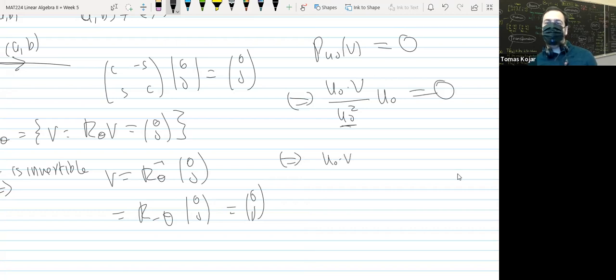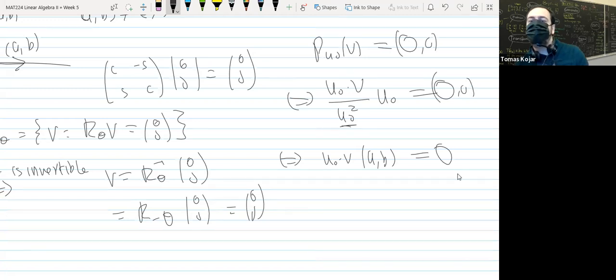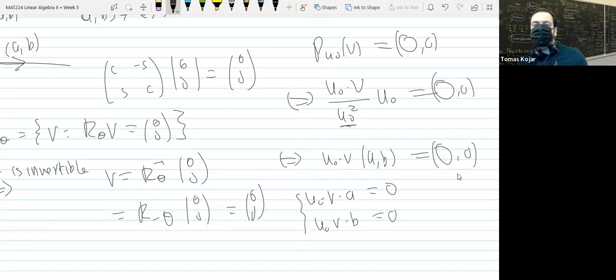So you're left with U0 dot V, and U0 was (a, b). So you have U0 dot V equal to aV1 plus bV2 being 0, but we take the thing you projected onto to be non-zero. So it's not the origin. So at least a or b is not 0, which forces the dot product to be 0.